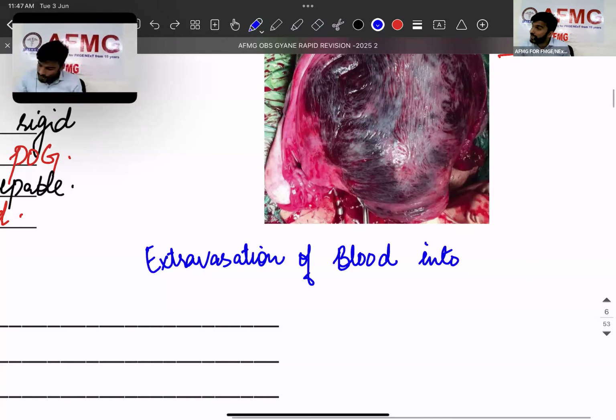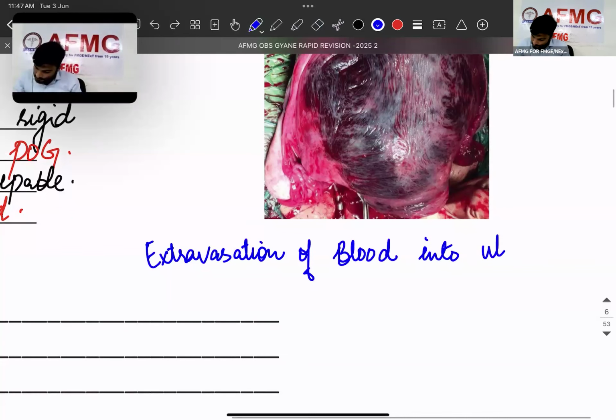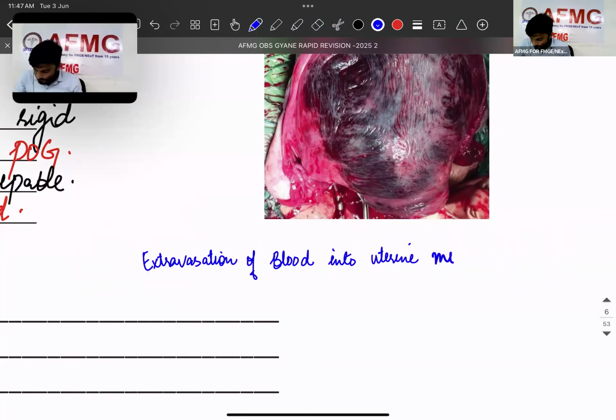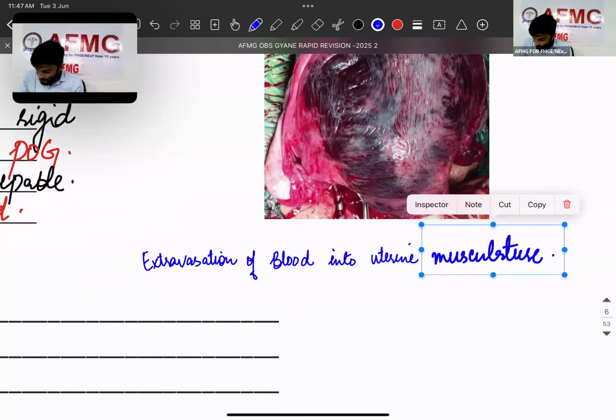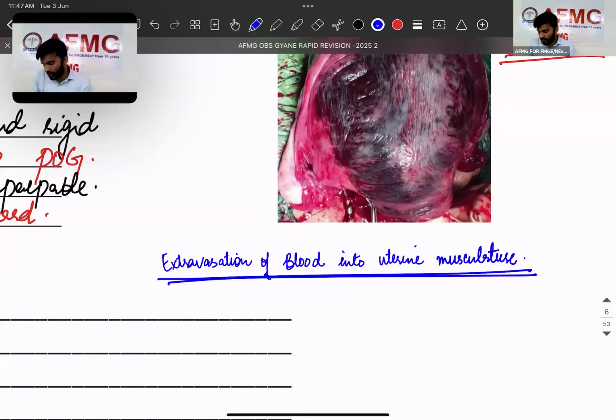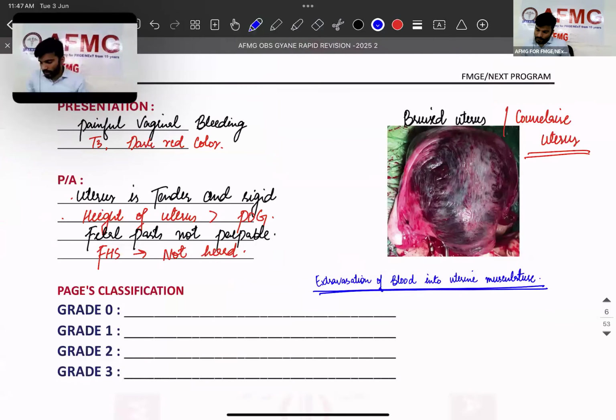And it is due to which type? Concealed type. Into the uterine musculature. So this is called Couvelaire uterus. C for Couvelaire, C for concealed type of abruptio placenta. Concealed type of abruptio placenta.